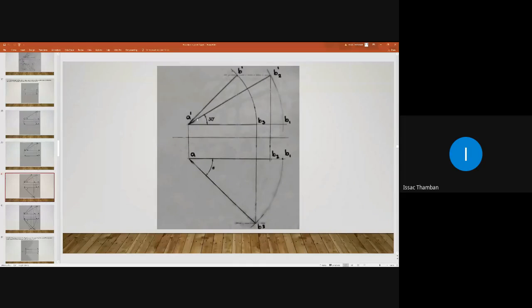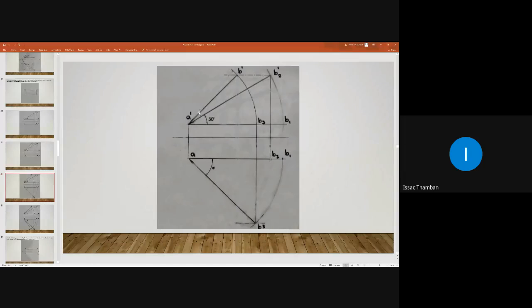But A dash B dash is the condition where it is making inclination with both reference planes. From this, we have to obtain the position of point B.